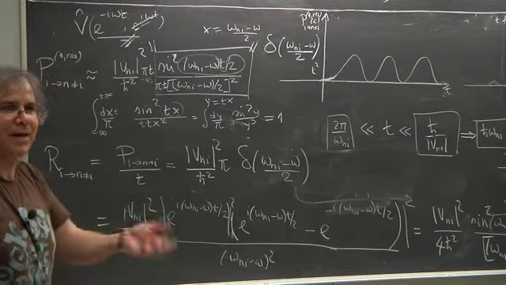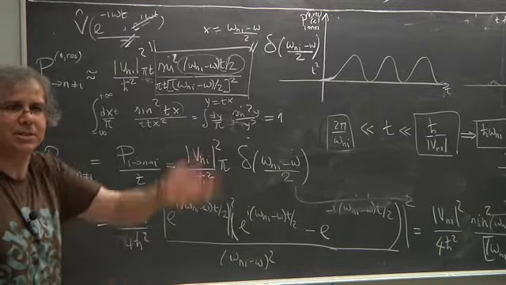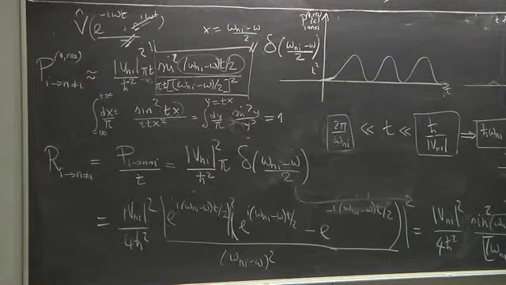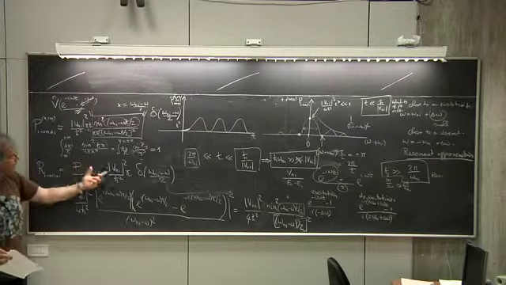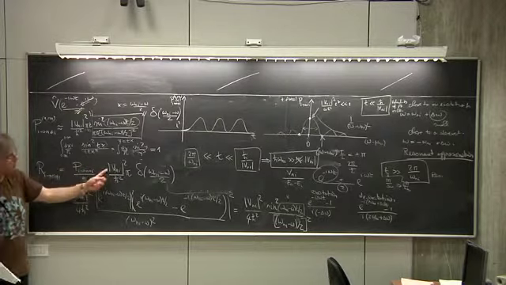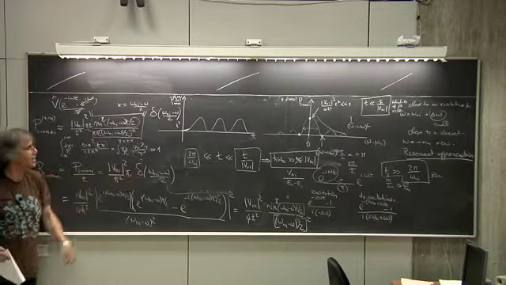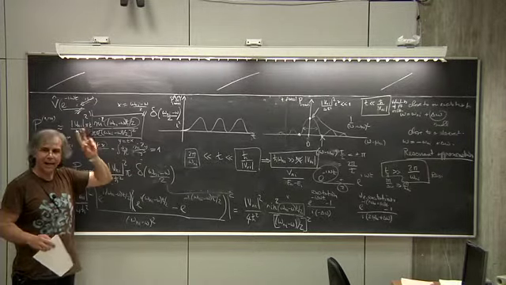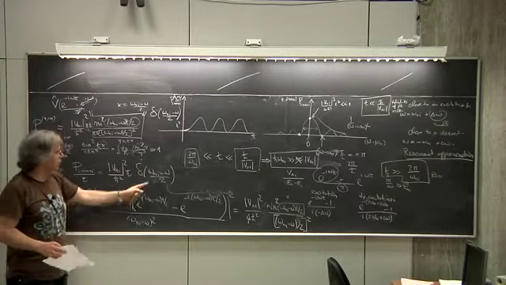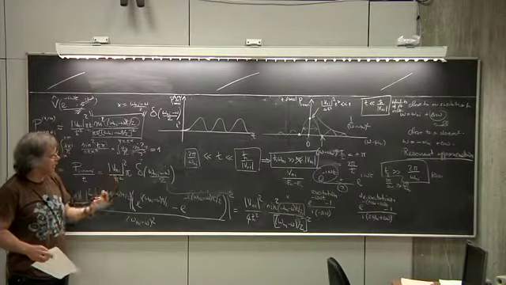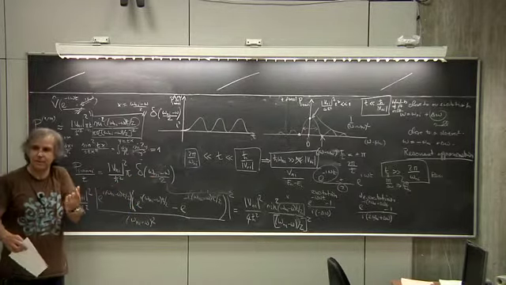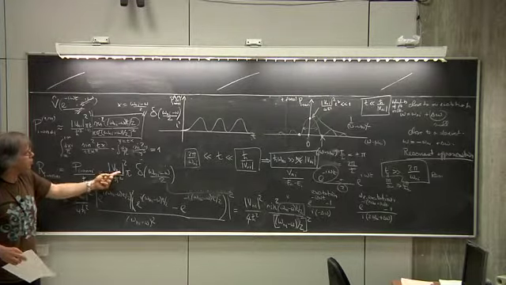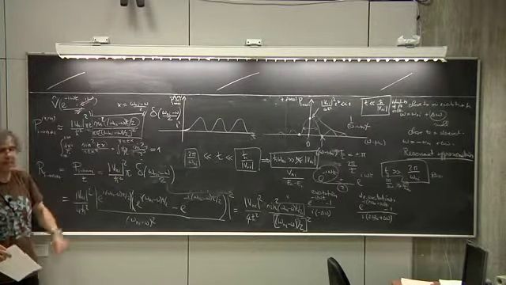If a rate is so large that things immediately explode on your face, then forget it, perturbation theory is not right. But the rate is a meaningful object to calculate if small enough, and in this limit it becomes just a very sharp delta type of thing, which essentially picks up only the resonant part. With what coefficient? Pi modulo square of V n I squared divided by h bar square.